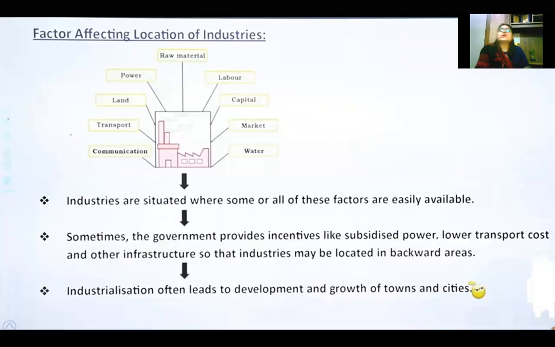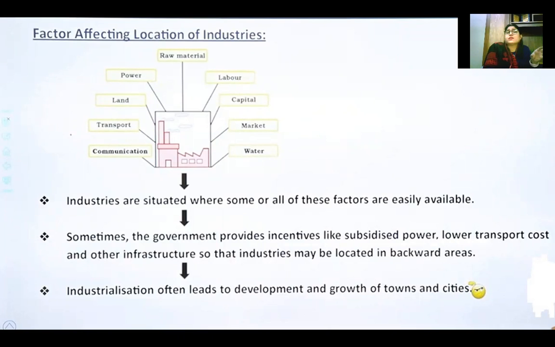So he has to see whether any railway line is there or any canal system where ships can go. He has to check the proper transport, that it should be properly connected with the roads. Then only it is beneficial for him to set up the industry.